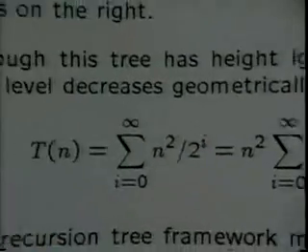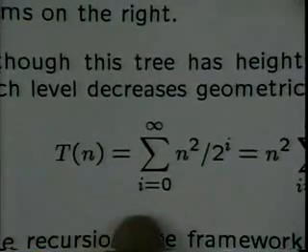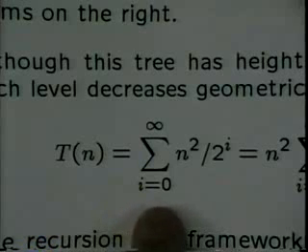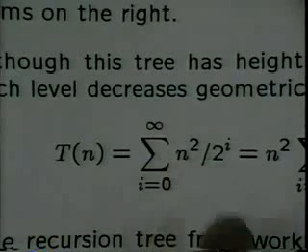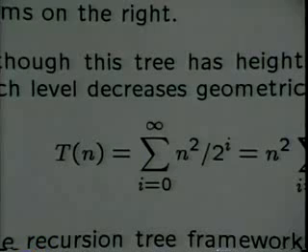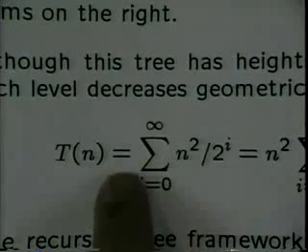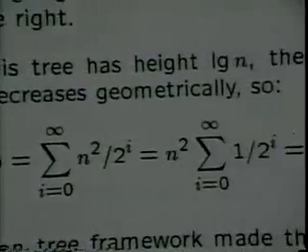This means that we've got a geometric series. If you want to add up all of these things, what you're really adding up is that T sub n is going to be equal to the sum as i goes from 0 to infinity, if you want, of n squared over 2 to the i. You can factor out the n squared.